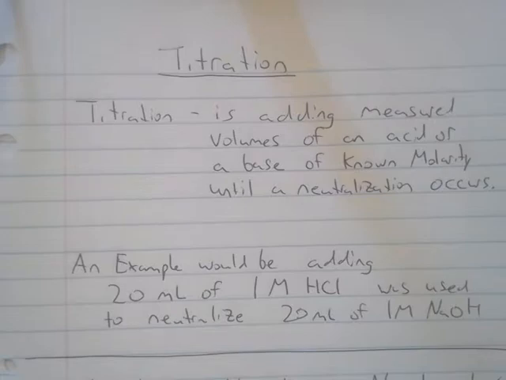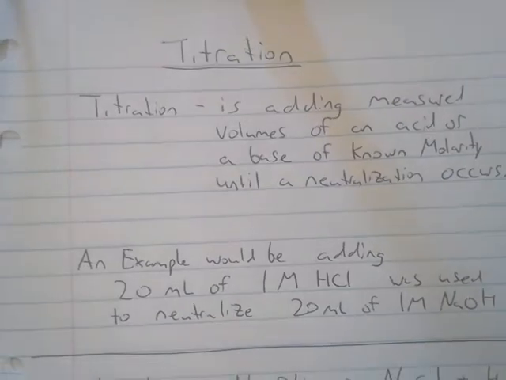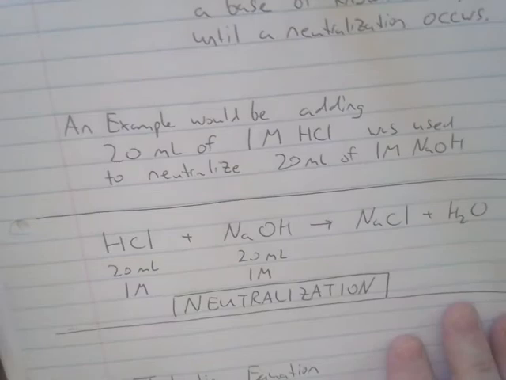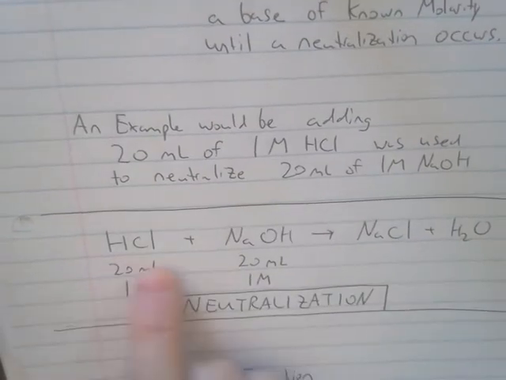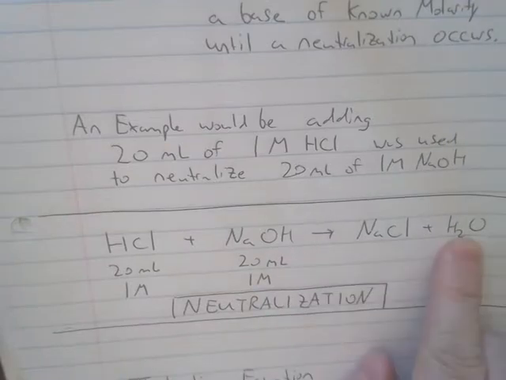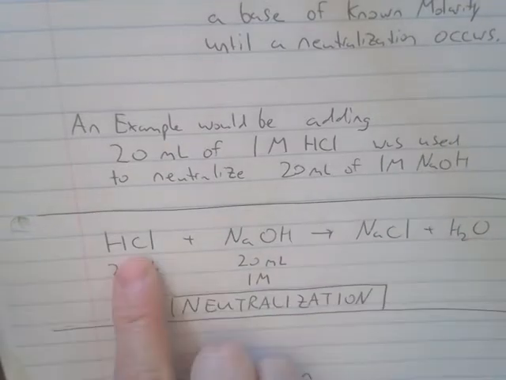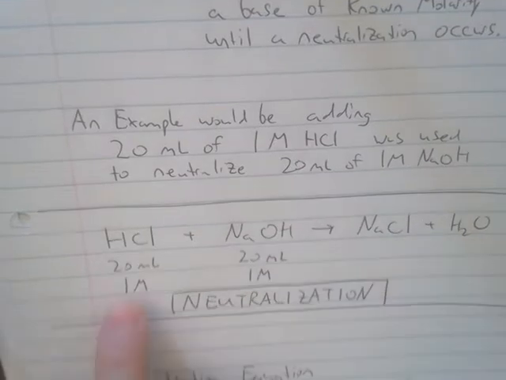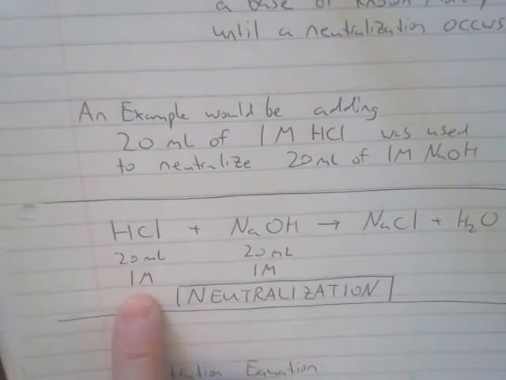So the reason why that's neutralization is because of this formula right here, and that is HCl plus NaOH makes NaCl and water. Or in other words, acid plus base makes salt and water. And again, if I have 20 milliliters of 1 molar acid, then obviously I'm going to need 20 milliliters of 1 molar base in order for it to be neutralized.